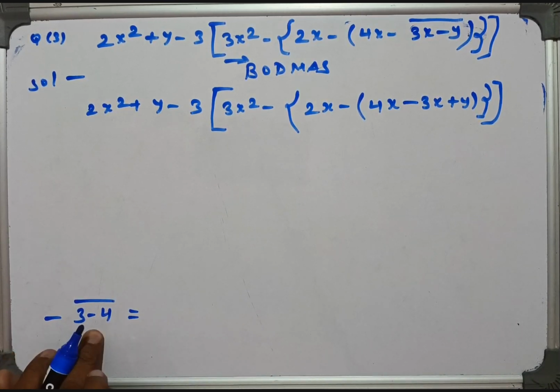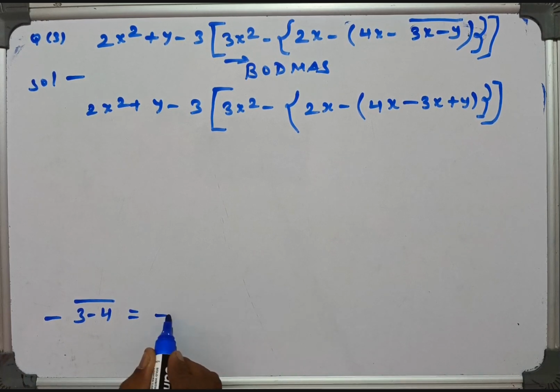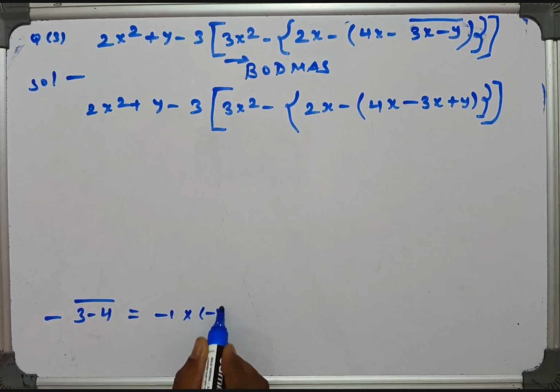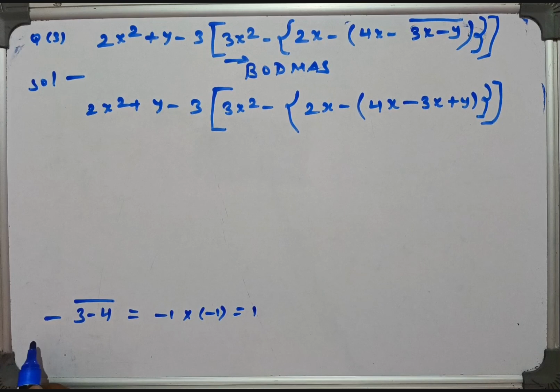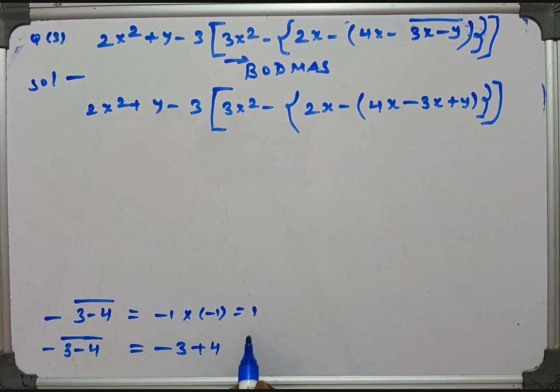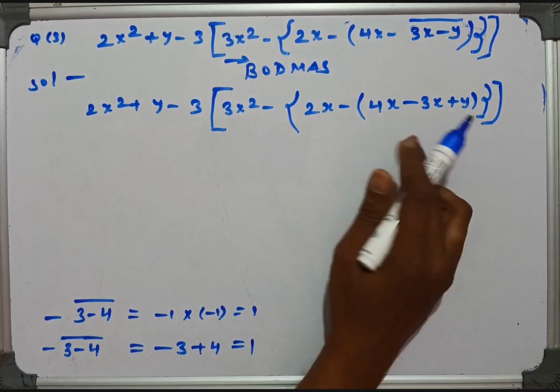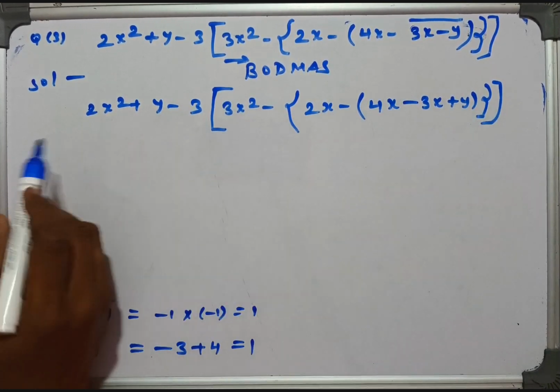So what will be the solution? First of all we solve this one. So this becomes minus 1 multiplication of minus 1, then this becomes 1, okay. Now see, if we write this one, so we can also write minus 3 then plus 4, okay. Minus 1 into 3 minus 3, minus 1 into minus 4 plus 4, so this becomes 1. So you can remember this one, okay.